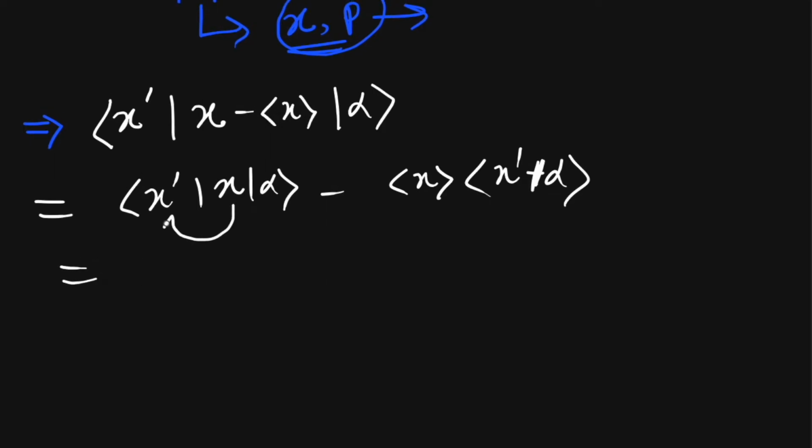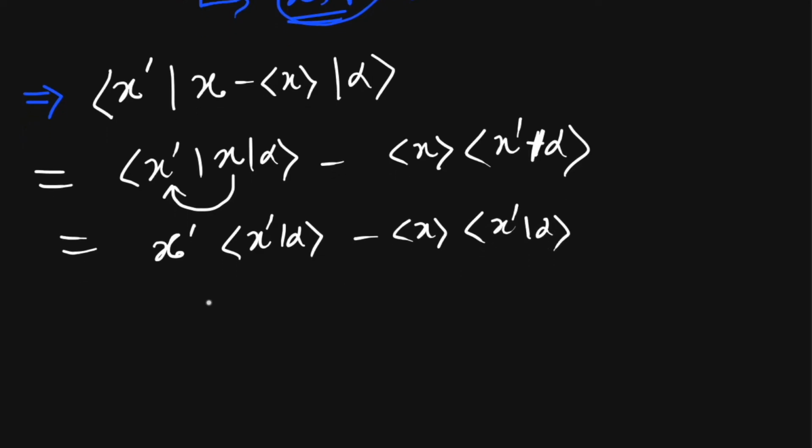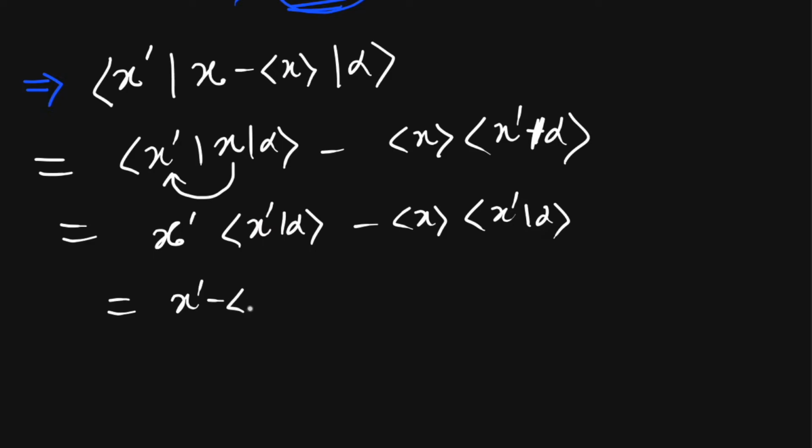If we operate this on this state, this will give x prime x multiplied by x prime alpha.